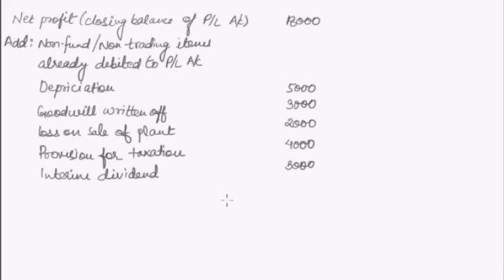So this is not part of operation again, so this has to be added back if it is an outflow.